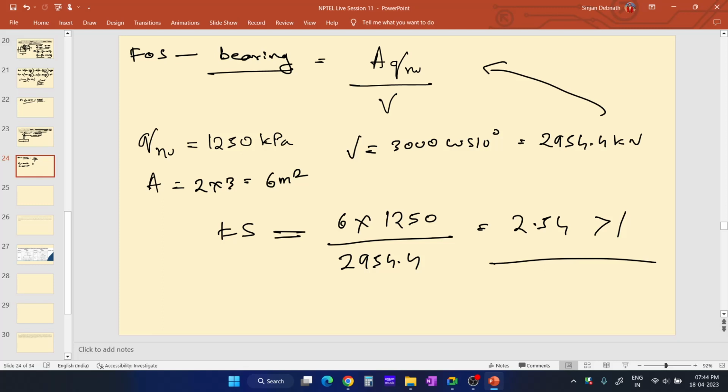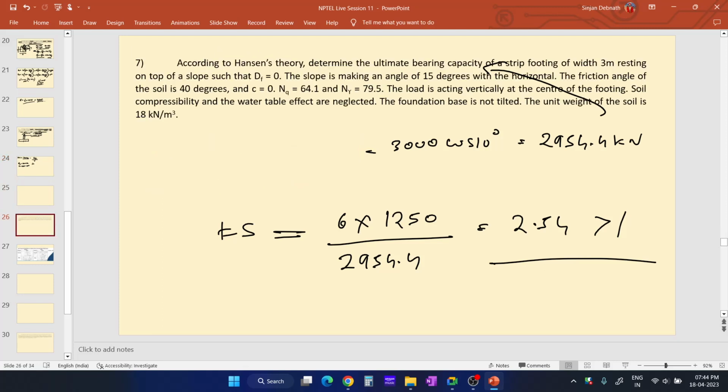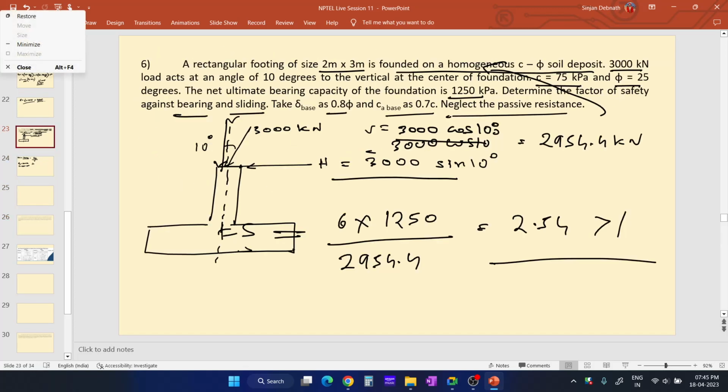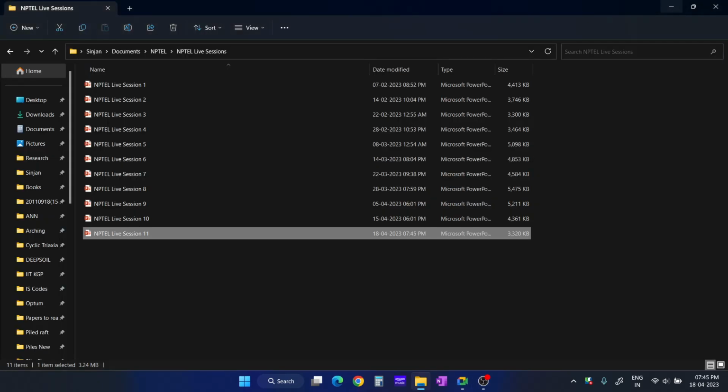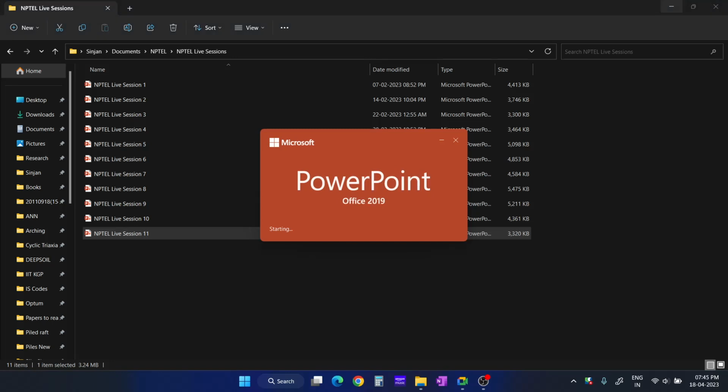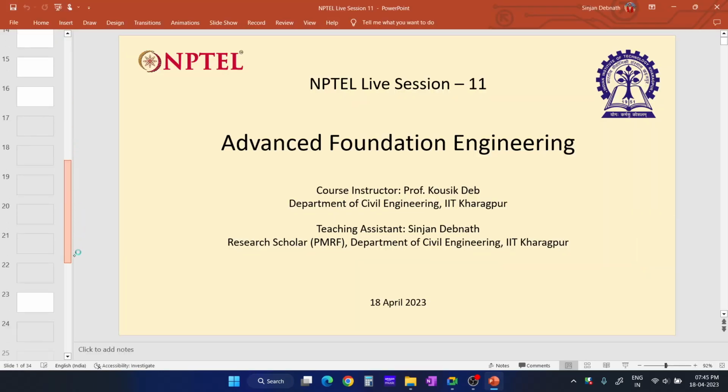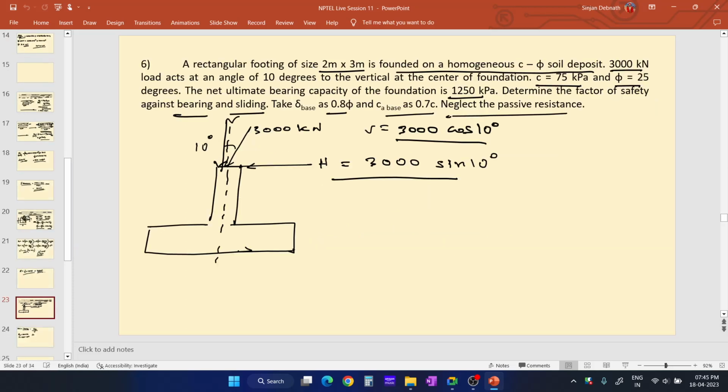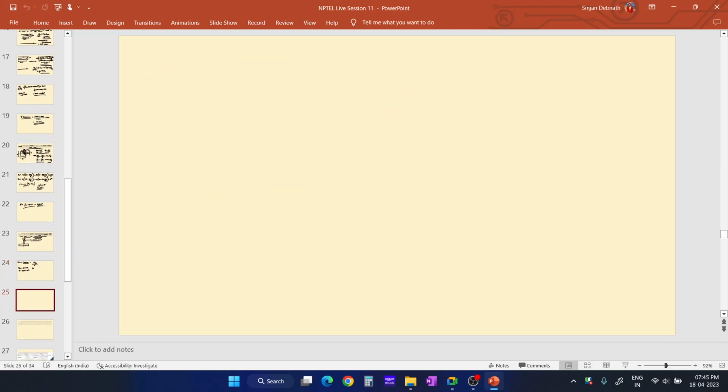Okay, so we need to find out now the factor of safety against sliding. So there is the equation to find out the factor of safety against sliding.